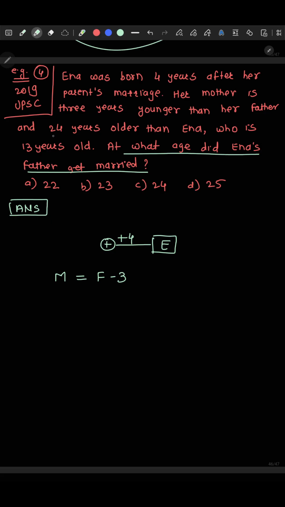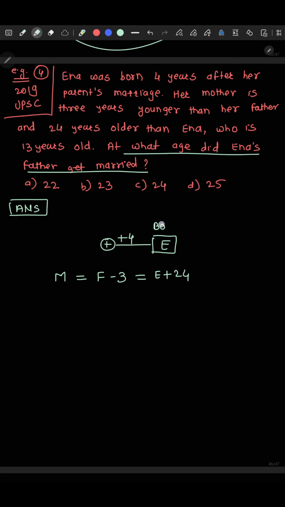And then the next statement: 24 years older than Ina. So her mother is 24 years older than Ina. And who is 13 years old? That means Ina's age is directly given, which is 13 years old, right?